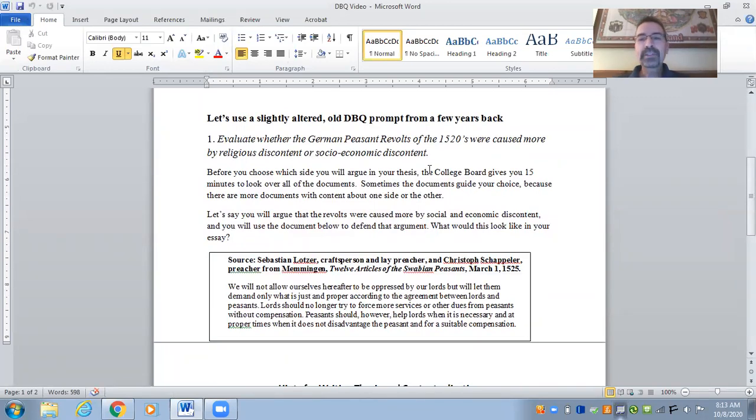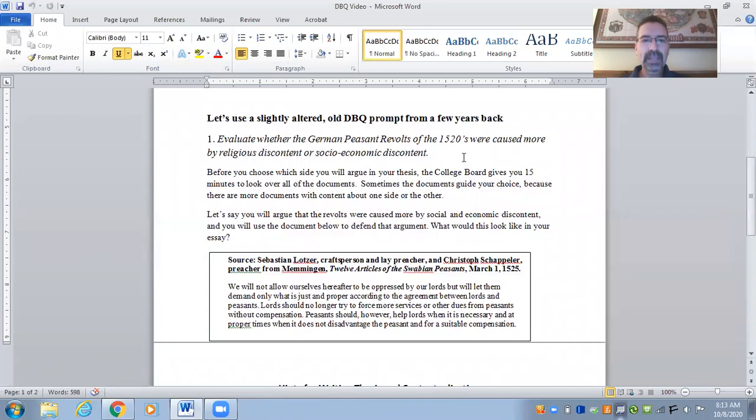So you've got your thesis. What about your context? What's contextualization for something like this going to look like? Well, you clearly should have something about the Lutheran Reformation. I mean, regardless of whether you're arguing religion or socioeconomic, these revolts happened at this time for a very specific reason. Luther had certainly inspired these people.